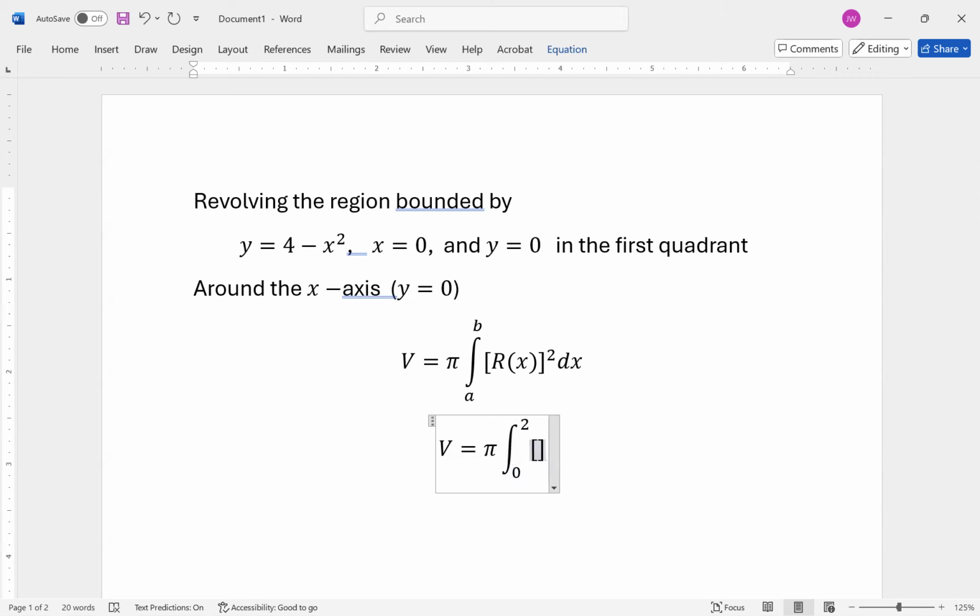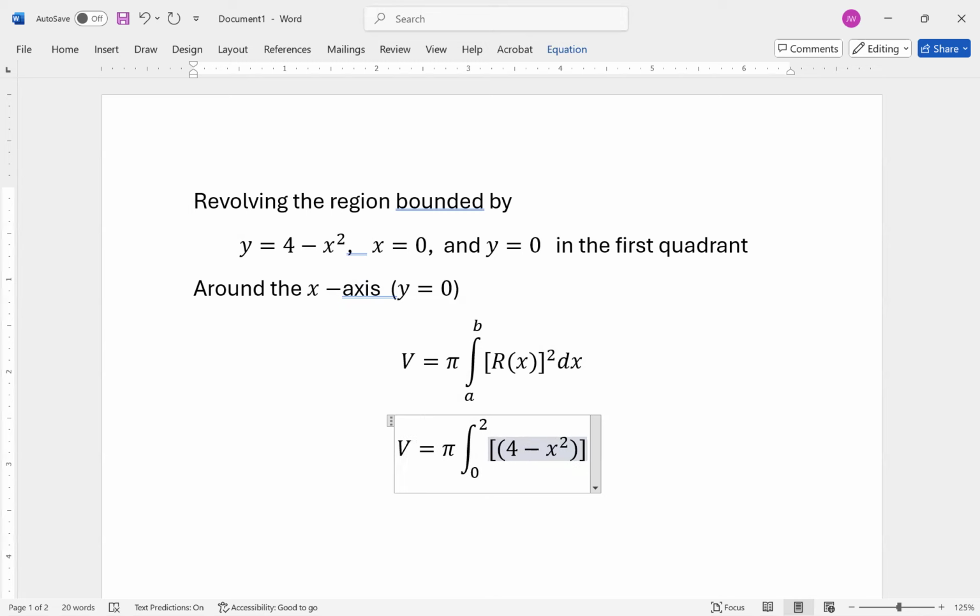The radius, this is where it gets a little bit tricky. The top of that rectangle to the bottom of the rectangle determines that radius, okay? The radius is the height of each rectangle. So the top of the rectangle started at y equals 4 minus x squared. So we start at 4 minus x squared.